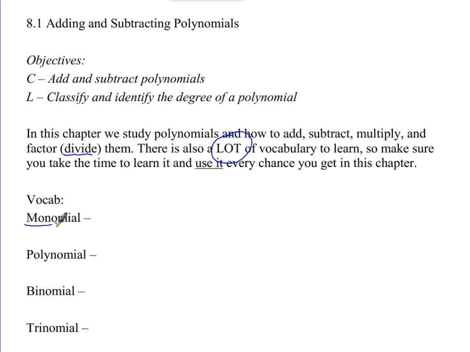So a monomial is a real number, a variable, or a combination of those two, and the result is the monomial part.